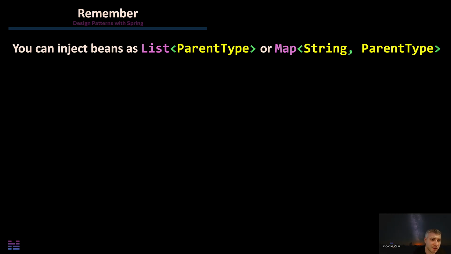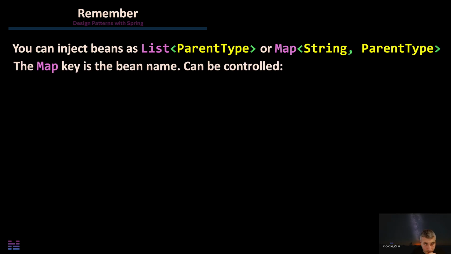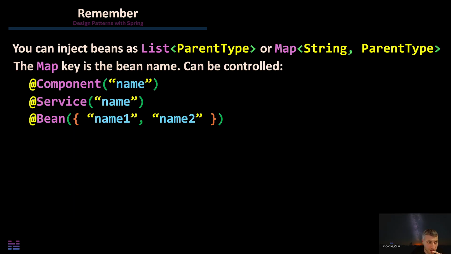It can be their direct parent, depending on how many of them you want to receive. You can say, okay, private final list of something, and you receive all the beans. In the map, the key is the bean name. Whatever you say in the component, it means that you have a component with some name, a service with some name, or if it's a factory bean, you can have even more than one name if you want.